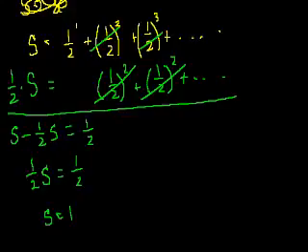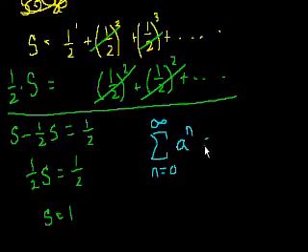Now, let me tell you what the formula says. The formula that you may or may not have memorized is, if you start at n is equal to 0 and go to infinity of a to the n, in this case a is 1/2, this is going to be equal to 1 over 1 minus a.